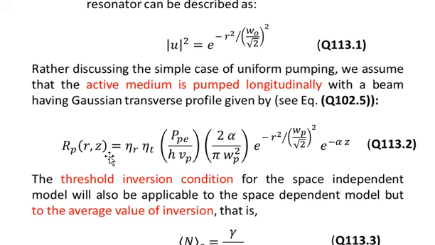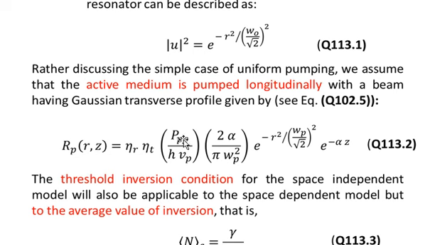So Rp(r,z) is equal to ηr times ηt times Ppe over hνp times 2α over πωp², and then e^(-r²/(wp²/2)), multiplied by e^(-αz), where α is the attenuation coefficient along the z direction, that is along the longitudinal direction.